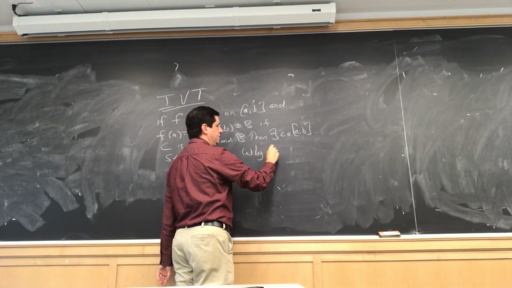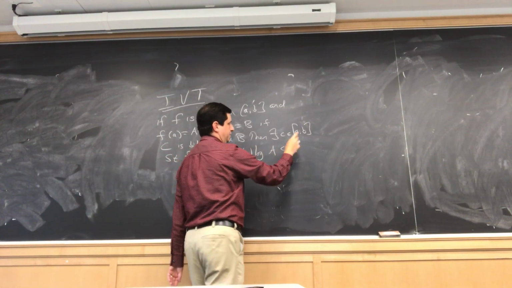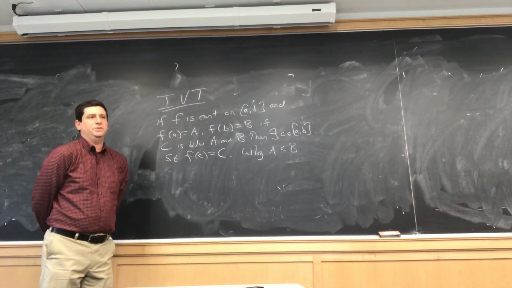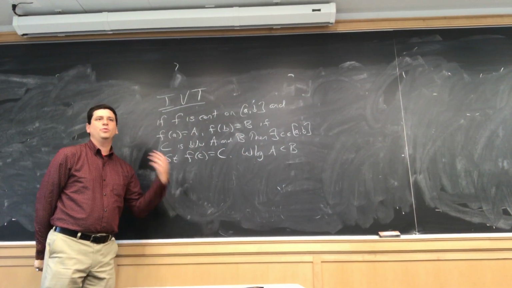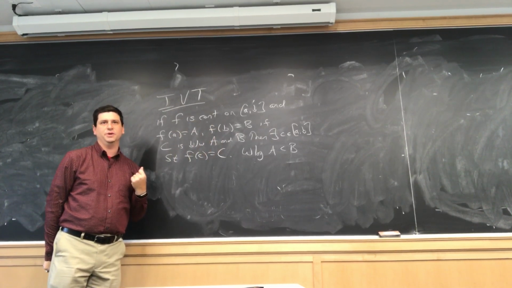Without loss of generality, let's assume a is less than b. Doesn't really matter, but just in terms of when I draw the picture, let's just draw the picture this way.